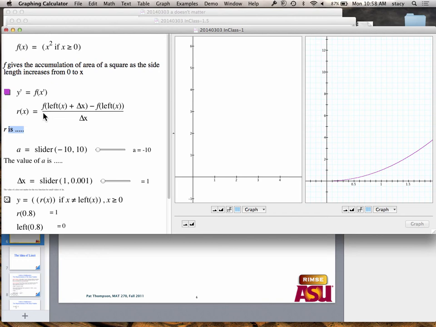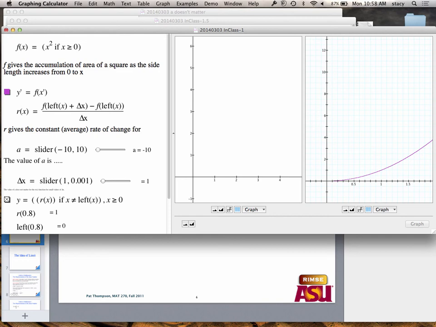What is that showing us? What is it representing? So r gives the constant, or we've been using average rate of change, right? For what? If I just stop there, I'm not being specific enough.